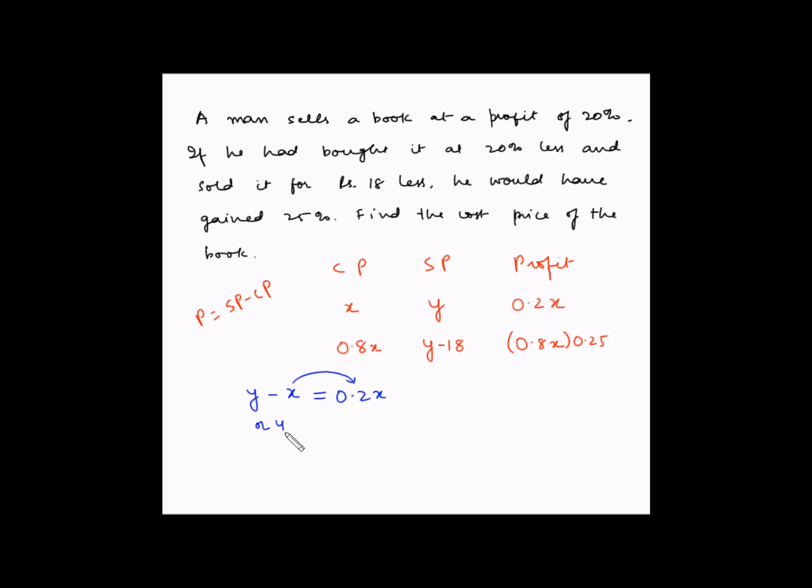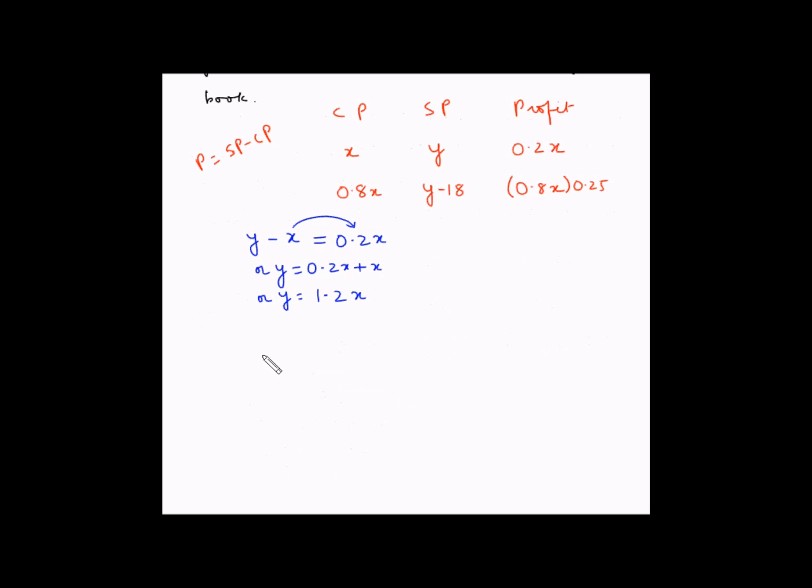So Y is equal to 0.2X plus X, or Y is equal to 1.2 times X. So this is our first equation.